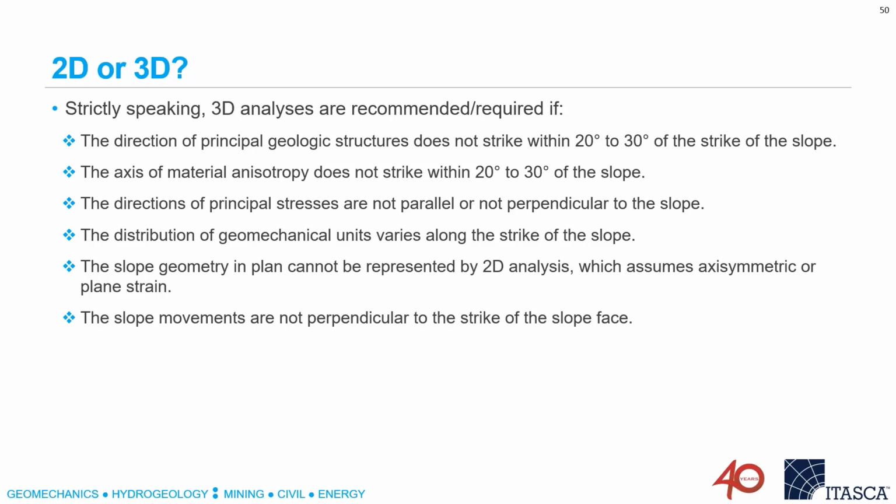The stresses aren't either parallel or perpendicular. This is a minor point. But we have distributions very often of geomechanical units that vary along the slope, or the slope geometry really can't be analyzed in 2D, because it's changing orientations at the top versus at the bottom, and maybe the slope movements aren't perpendicular to the direction of movement. So all these things would suggest 3D analyses.